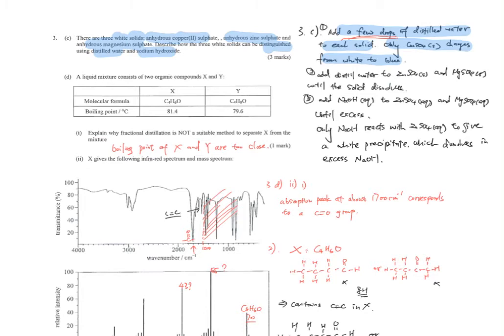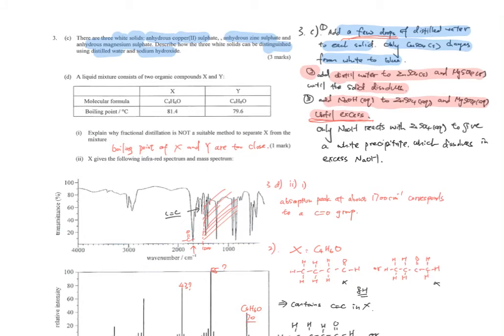Okay, part two is, I mean, this here. You add distilled water to the remaining two solids until dissolved. After that, add sodium hydroxide solution to each of them until excess. Remember, you have to write until excess, okay?